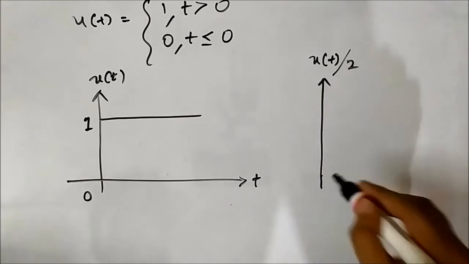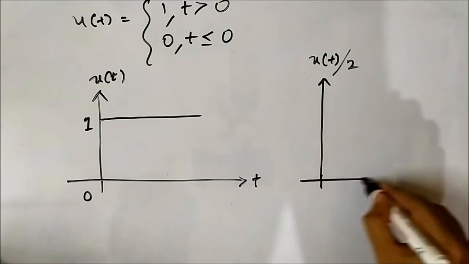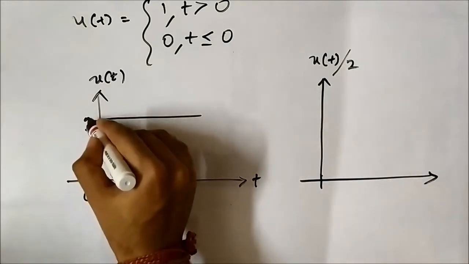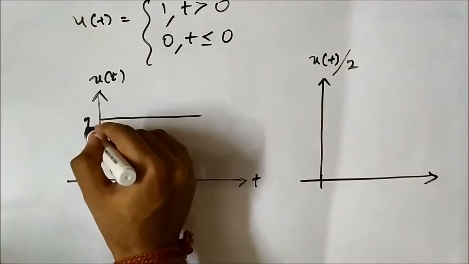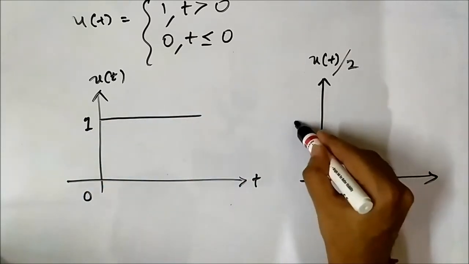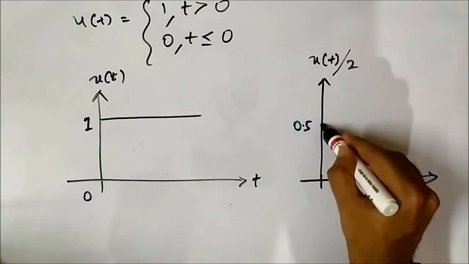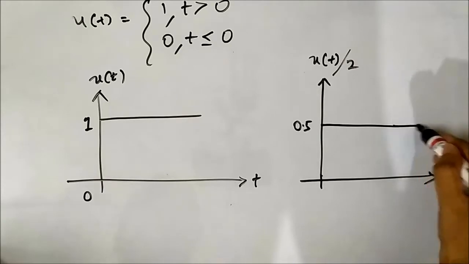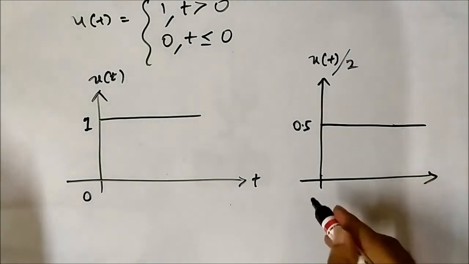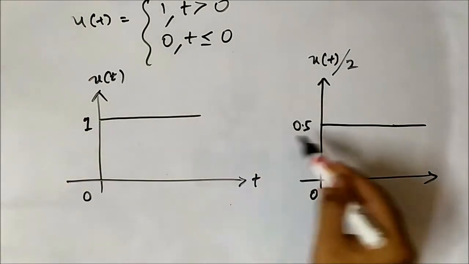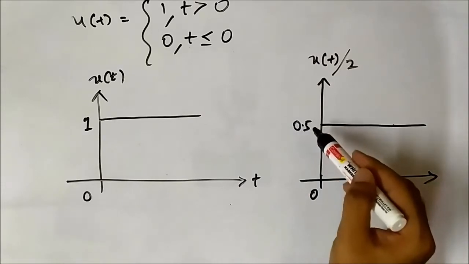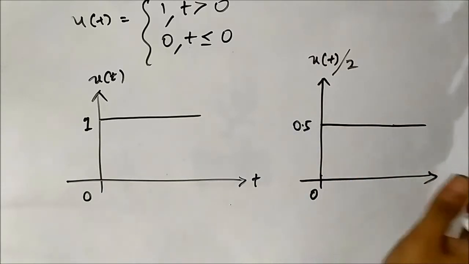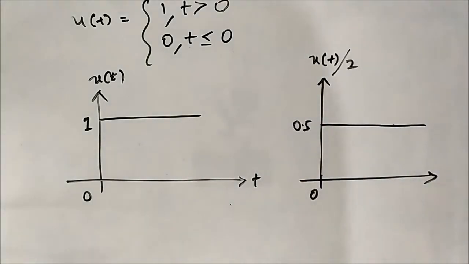In that case, we divide the peak value of the unit step signal by 2, so it will become 0.5 or 1 by 2. So now it has been attenuated by a factor 2 and the amplitude decreased to 0.5. Okay, so this is the amplitude scaling performed on unit step signals.